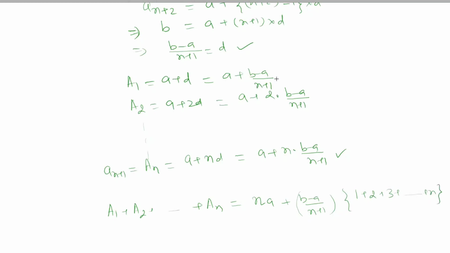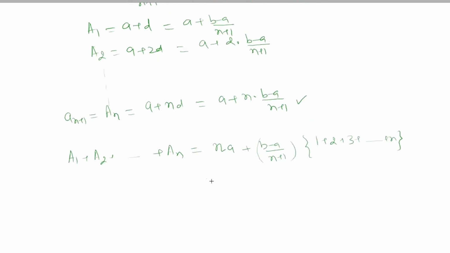This sum is n into (n plus 1) by 2, because you should remember the result that the sum of the first n natural numbers is n into (n plus 1) by 2. So this n plus 1 is cancelled out.